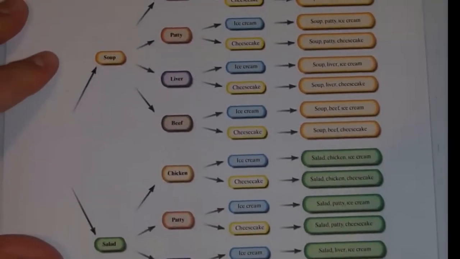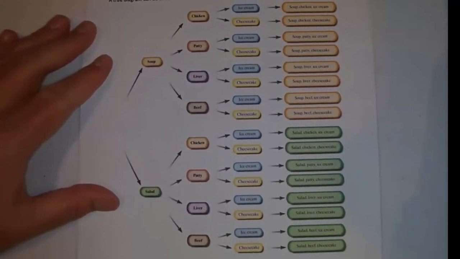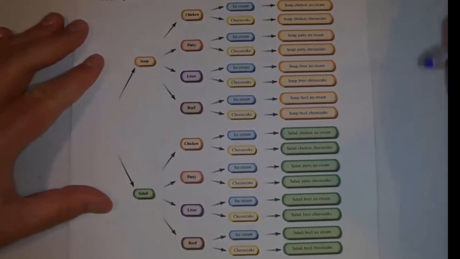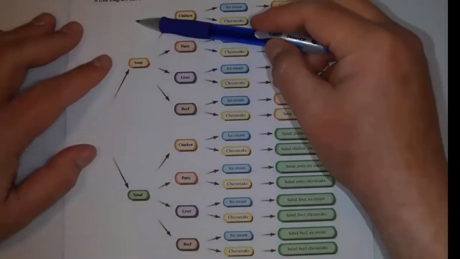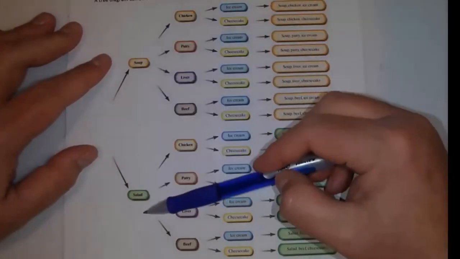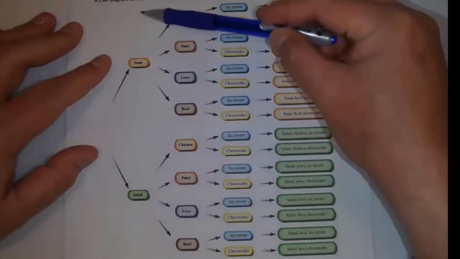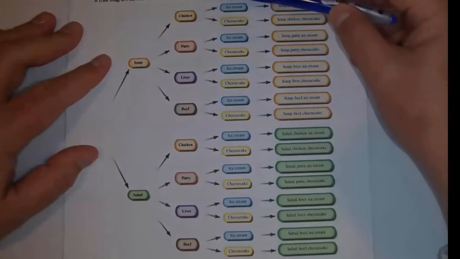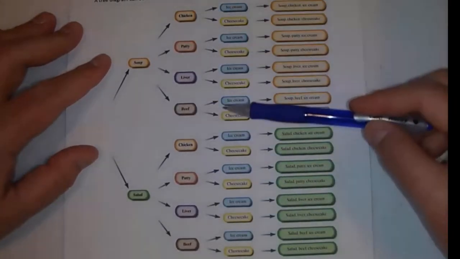So here I have a tree diagram. Now I just stole this straight out of the textbook, and I'm zooming out so you can see it all. It will fit on the screen. So what I do with the tree diagram is I look at each of the possibilities. So I have a column here, so to speak, for the appetizers, and then I have a column here for the entrees, and then I have a column here for the desserts.